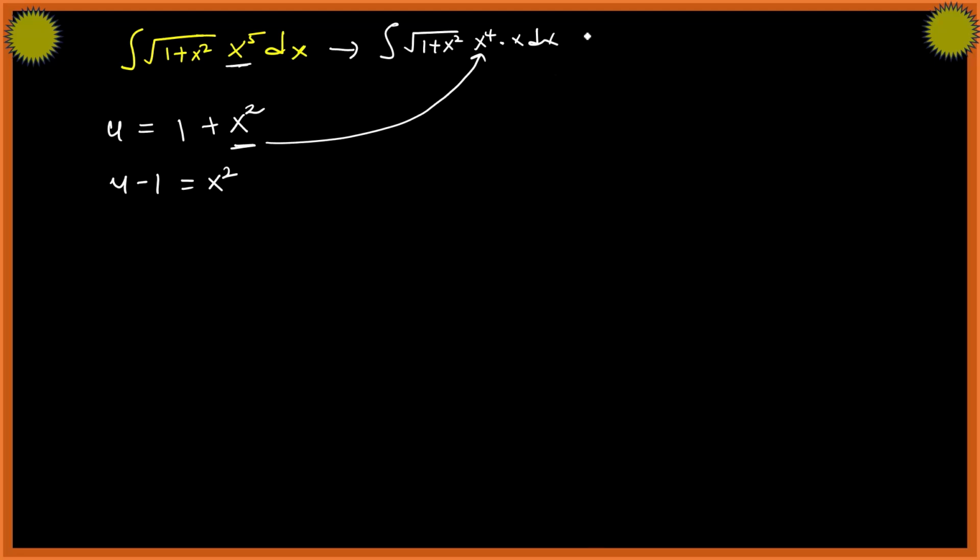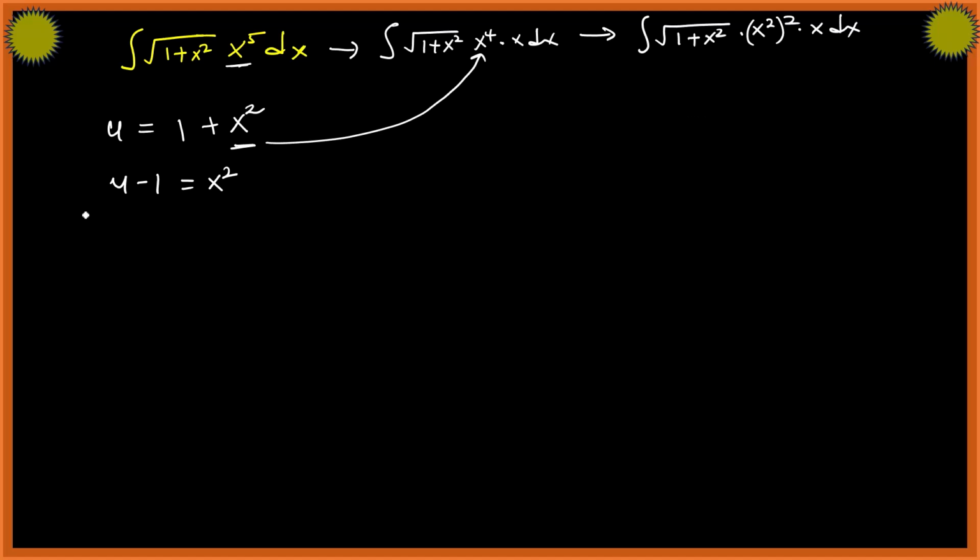So I can write this one as integral of 1 plus x squared times x squared all raised to 2 times x dx. That's cool. So we have u minus 1 as x squared.